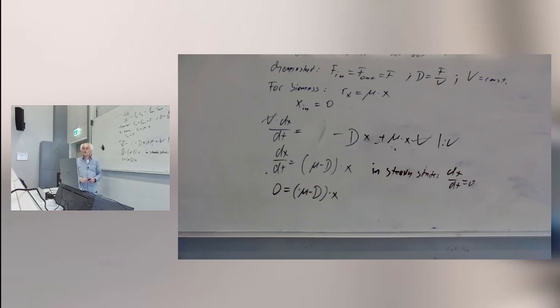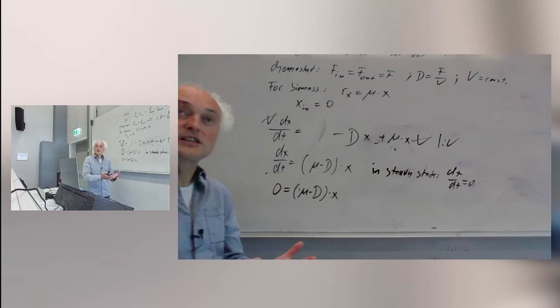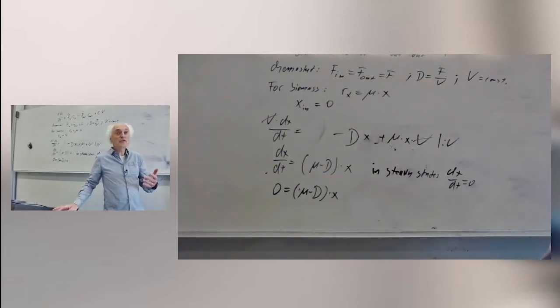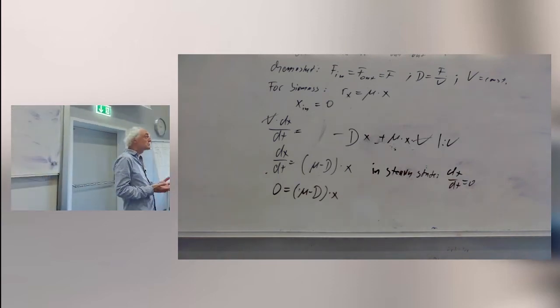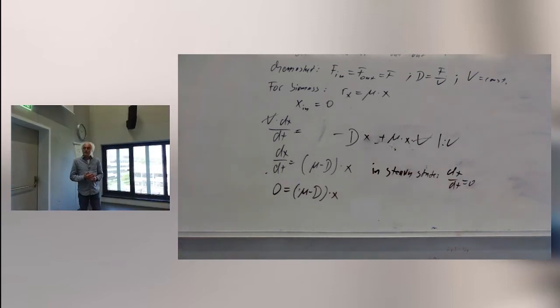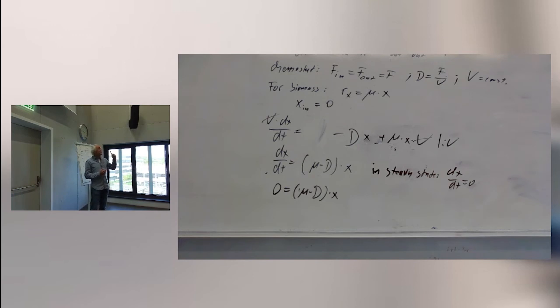This is a very, very simple question. When mu equals d or x is 0. So if I have no biomass, there is no change in biomass concentration. This is trivial. But isn't x always 0? The change dx dt is 0, but not x. Of course, if I have no biomass inside, then there will be no change in biomass concentration. But if mu equals d, then this term becomes 0.